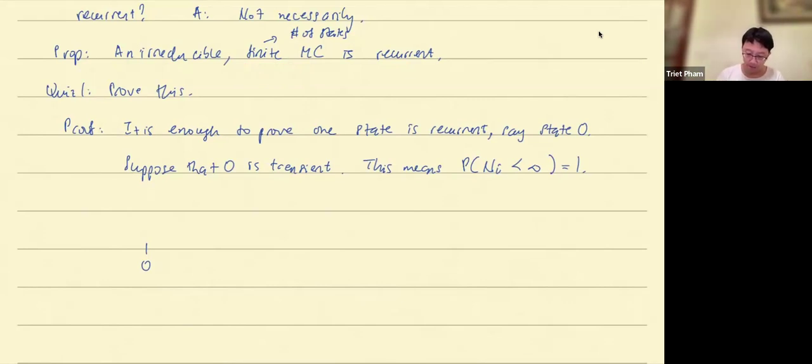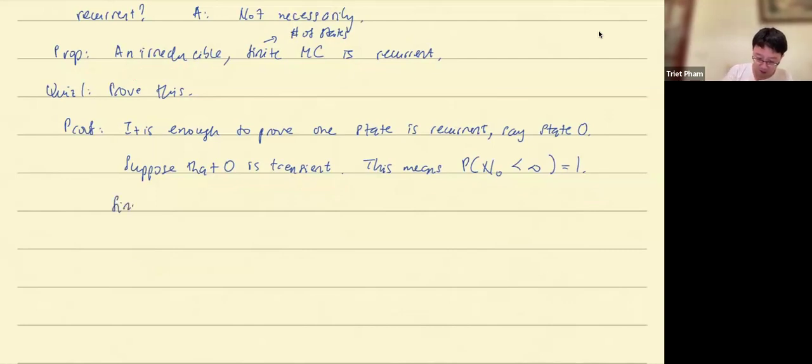Sorry, I think I know what I'm trying to say. So suppose state 0 is transient. That means n0 is finite, but that's not enough. Now I will use the fact that transience is a class property. We only have one class because it's irreducible.